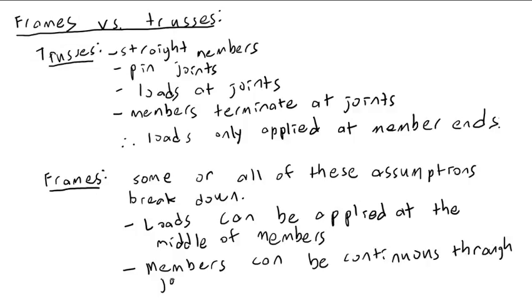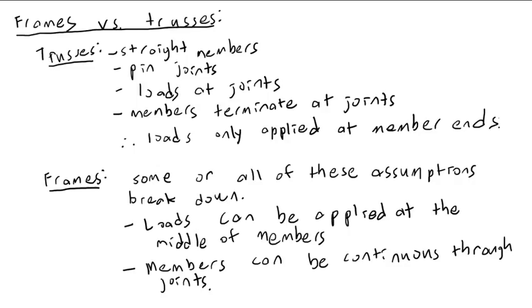I want to show what this means. So loads can be applied to the middle of members or anywhere along their lengths, not just at the middle, obviously. In trusses, we're only applying forces at the ends of members, at the joints, essentially. You got that?